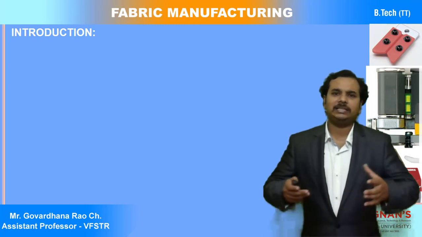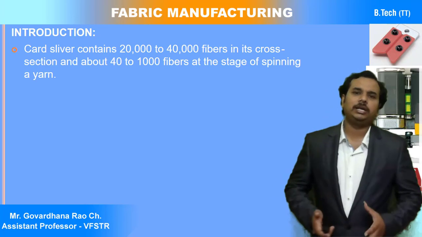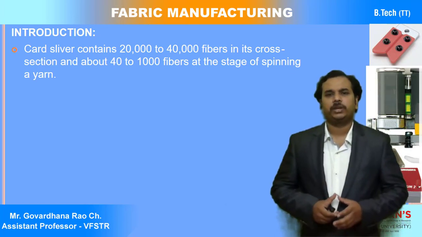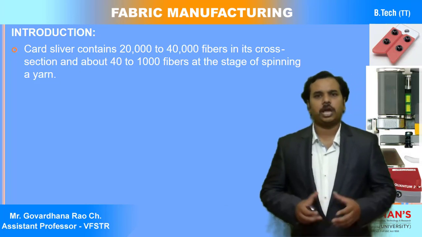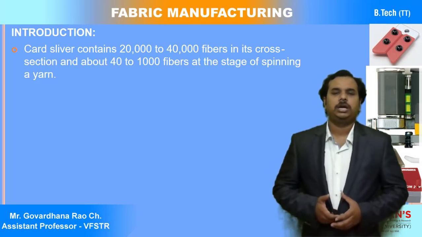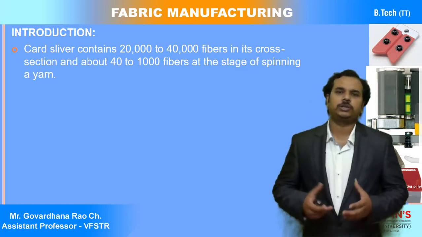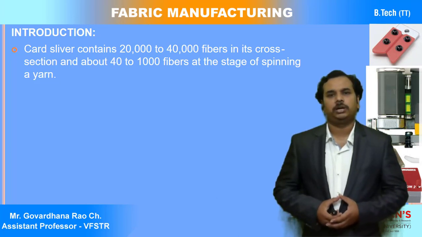What exactly is the clearer? A small introduction to the clearer. The card sliver in yarn manufacturing contains 20,000 to 40,000 fibers in the cross section of the sliver.